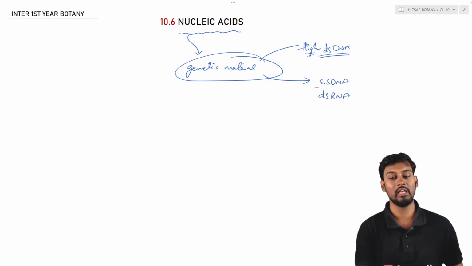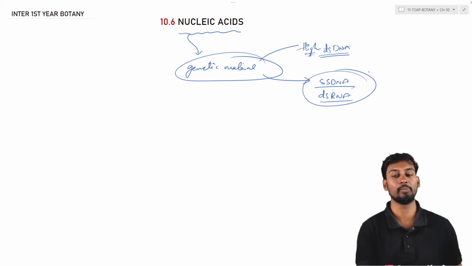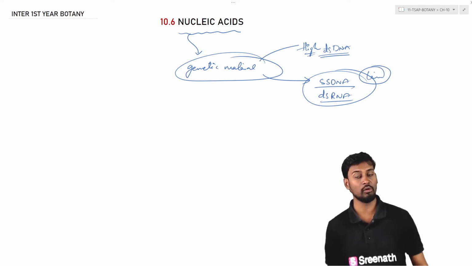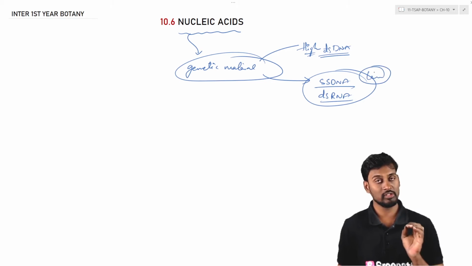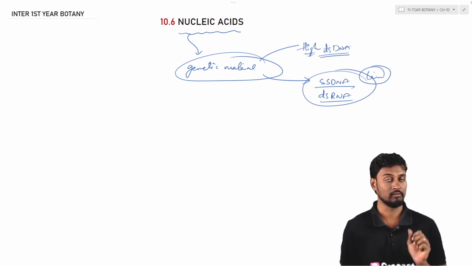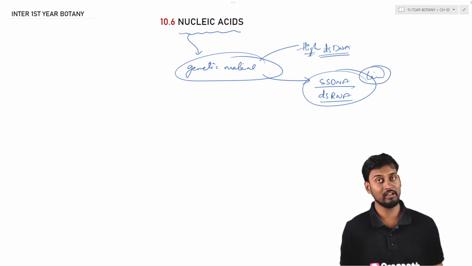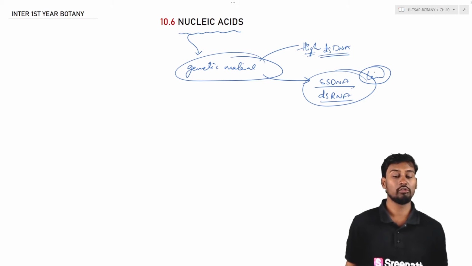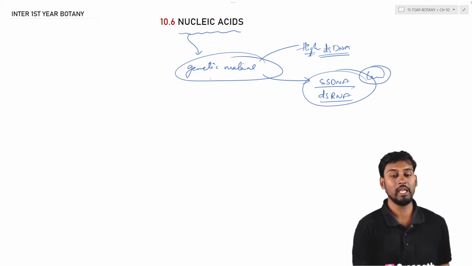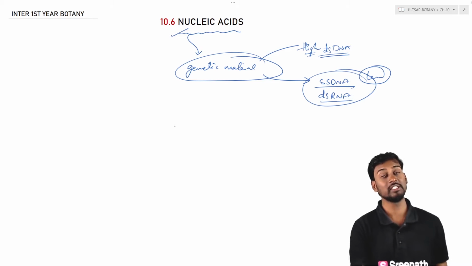They are the different molecules which act as genetic material in lower organisms. So higher organisms consist of double stranded DNA, while lower organisms consist of double stranded RNA, single stranded DNA, or sometimes single stranded RNA. The main purpose here is genetic material.